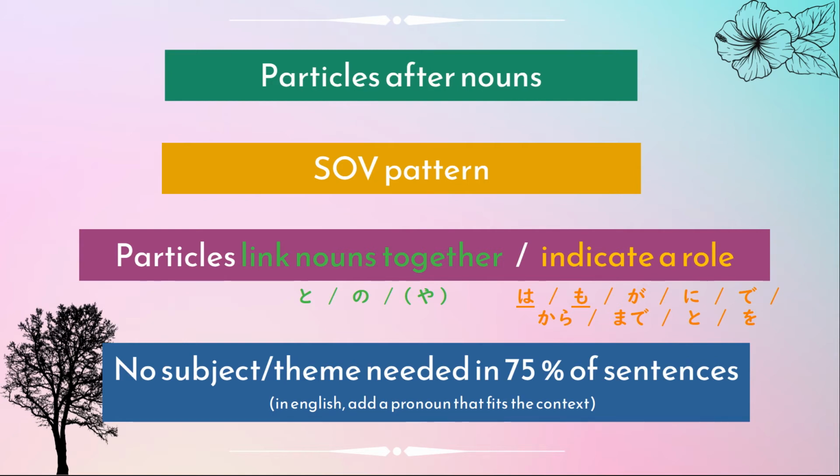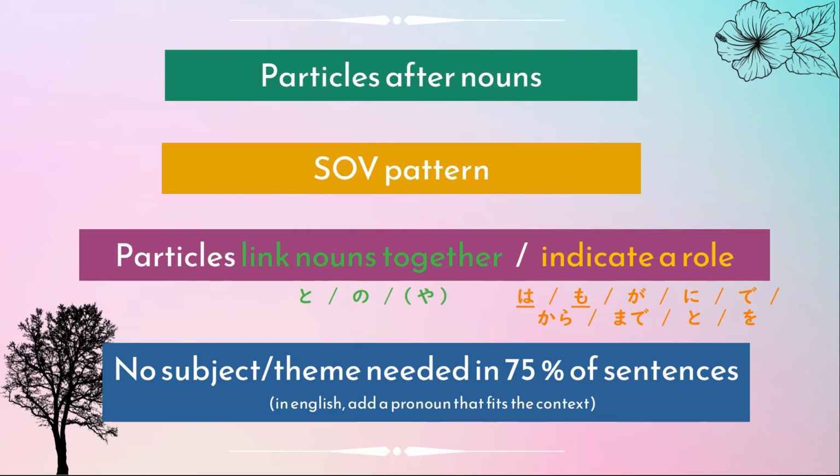You will see later that it's a bit more complicated. You have some kinds of exceptions, but it's not really an exception. It's just that it's not the same particle, or it's a completely different use. But for the moment, just remember that all the particles that you know are after nouns and only nouns.